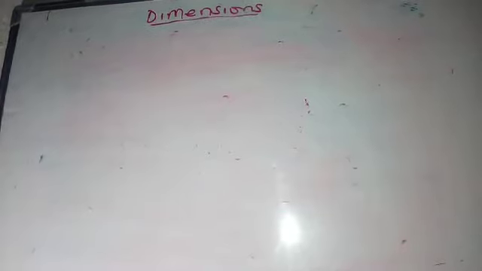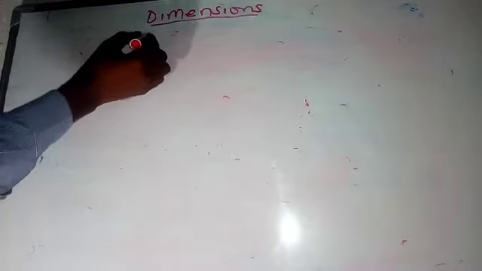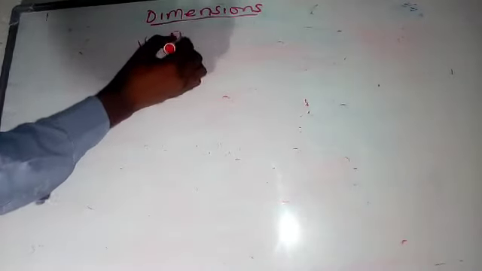Now, one of the importance of dimension is you can use it to check if an equation is actually dimensionally correct. So using our dimension analysis that we've just done, you check if this basic equation of motion is correct. An equation like V equals U plus AT.